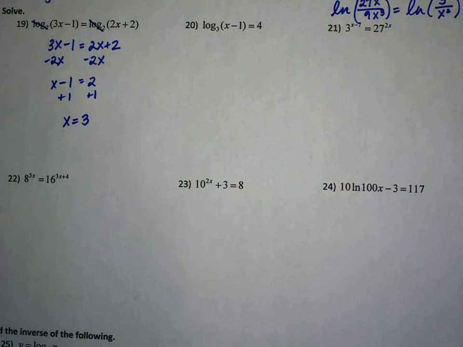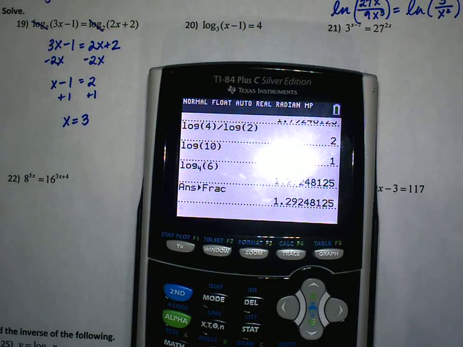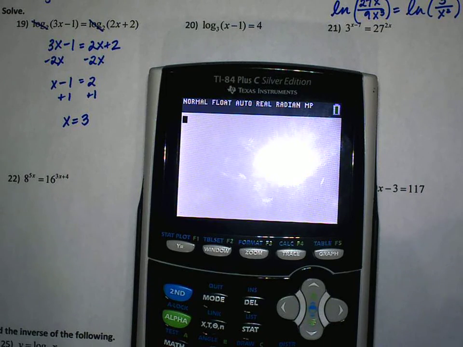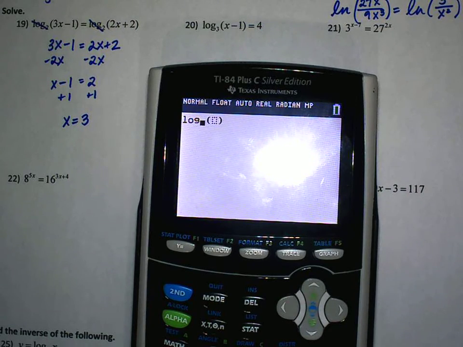What I want to do now is double check on my calculator. The left side has to equal the right side when you check on your calculator. So I'm going to put in log base 2. I'm going to use math, option A. Log base 2 of 3, instead of 3x minus 1, I'm going to say 3 times 3 minus 1.